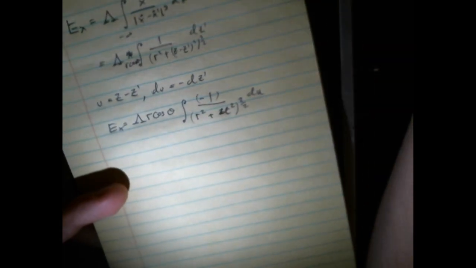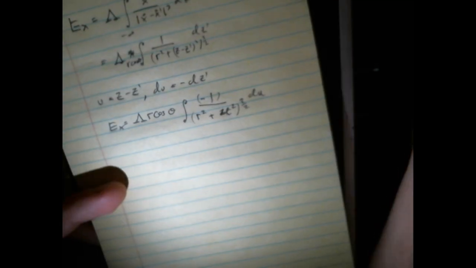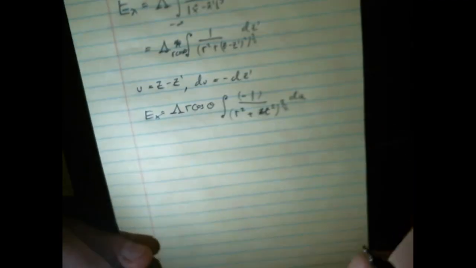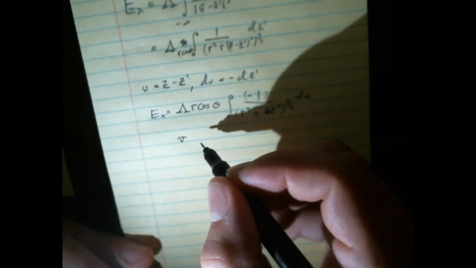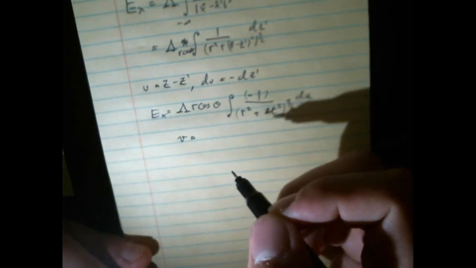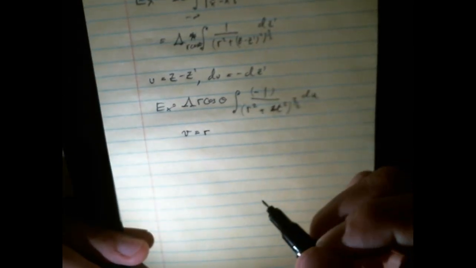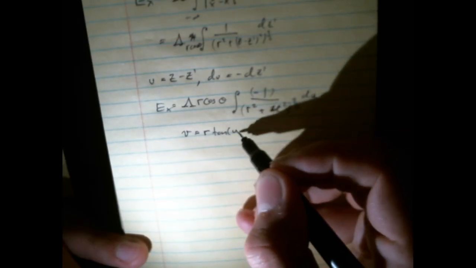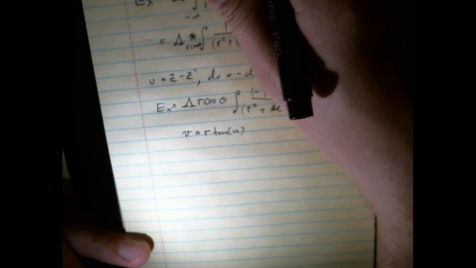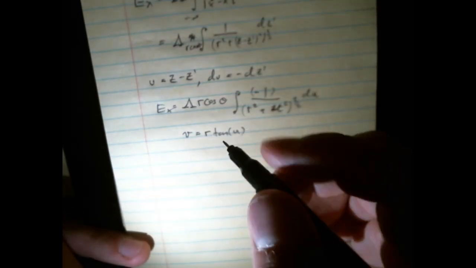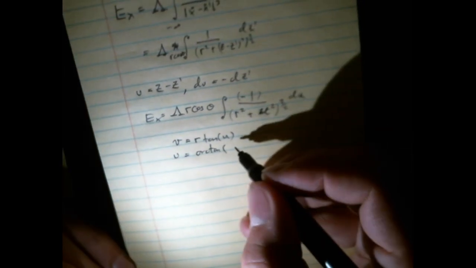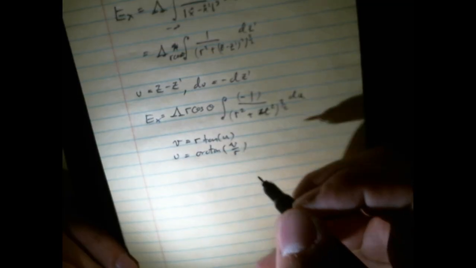So if I more or less want to solve this, I can perform the following substitution. I can say that let's denote a new variable v, and this v is just going to equal r multiplied by tangent of u. Okay, so this here is defined as a tangent, so that just gives us u is equal to arctan of v over r.